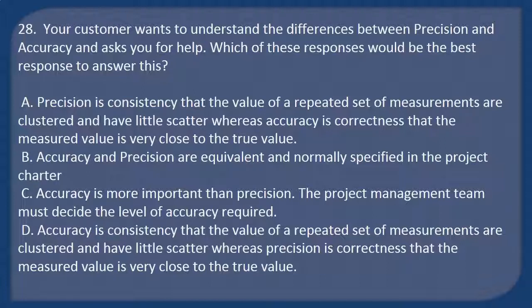B. Accuracy and precision are equivalent and normally specified in the project charter. C. Accuracy is more important than precision. The project management team must decide the level of accuracy required. D. Accuracy is consistency, that the value of a repeated set of measurements are clustered and have little scatter, whereas precision is correctness, that the measured value is very close to the true value.